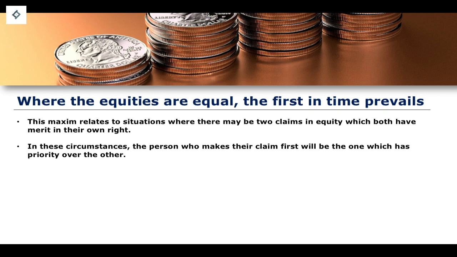Okay, simple as that. So where there is a clash in equitable claims, where equities are equal, the thing that delineates them is the time at which the claims were levied against the other. And so the result is that equity acts temporally. It favors those who enter a claim first.